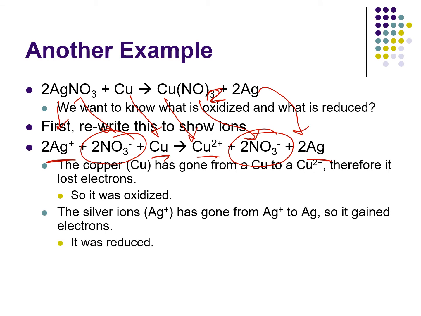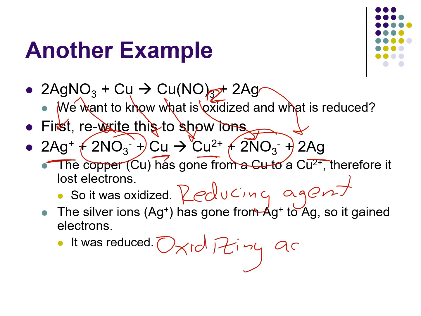So here, where we say the copper was oxidized, it can also be the reducing agent. Likewise, the silver that was reduced can also be considered the oxidizing agent. And again, the nitrate did nothing. It was just there. That's okay.